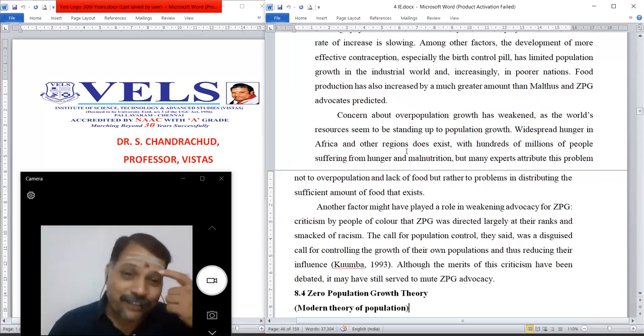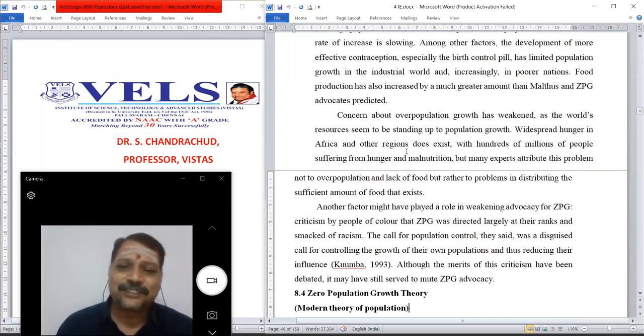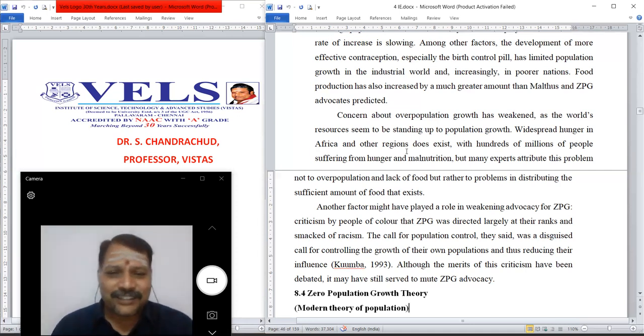Another factor might have played a role in weakening the advocacy of ZPG. Why? Because the criticism of ZPG was directed largely at the charge of racism. This was the main criticism against the neoclassical theory.